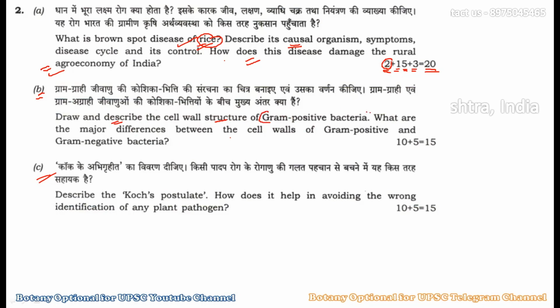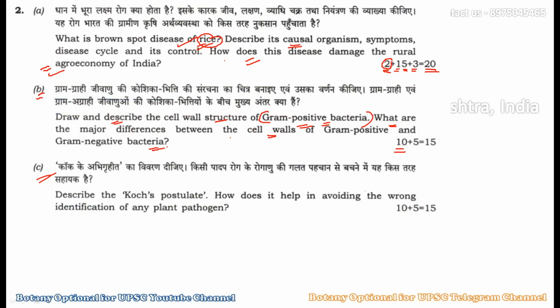Now in the B sub question, you have to draw and describe the cell wall structure of a gram-positive bacteria, right? As you know, the gram-positive bacteria possess a very complex type of cell wall, and this type of cell wall you have to describe, and also you have to draw the diagram for that, right? For this part of the question you will get 10 marks. Then what are the major differences between cell walls of the gram positive and the gram negative bacteria?